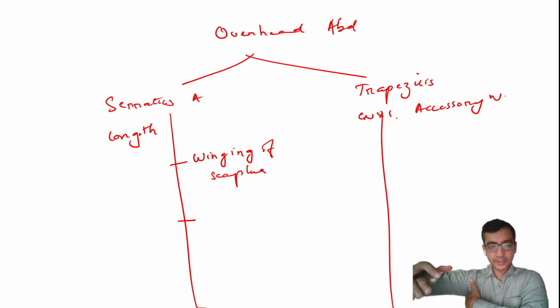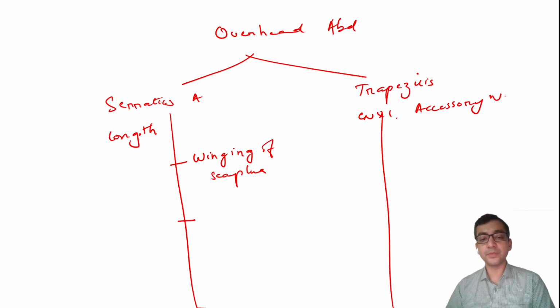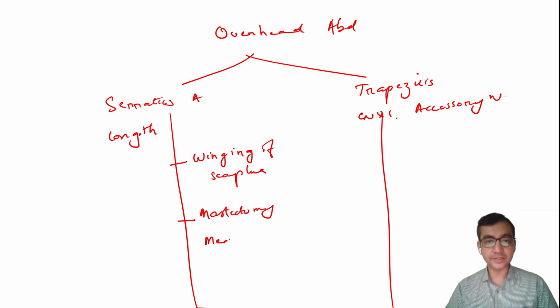So it is usually injured during breast surgeries when the tail of breast is being dissected. So in the injury, you will see a scenario of mastectomy or in any way injury to the medial axillary wall, or in other words, it can be asked about the lateral thoracic wall. So that's how you will pick up.